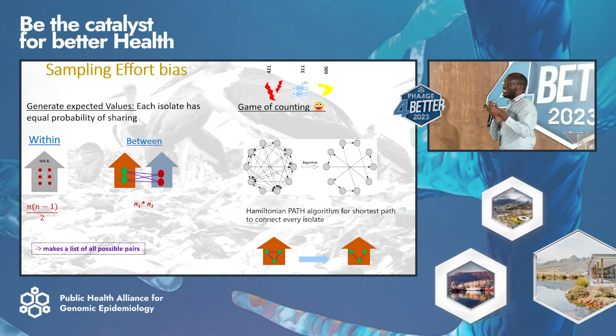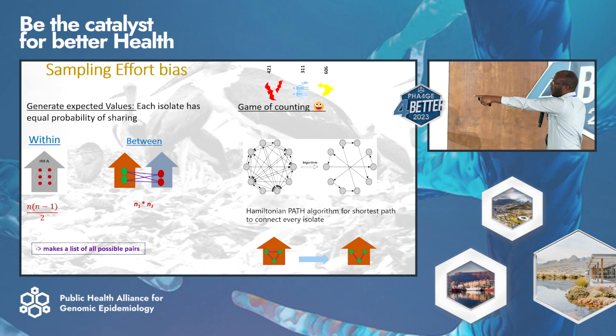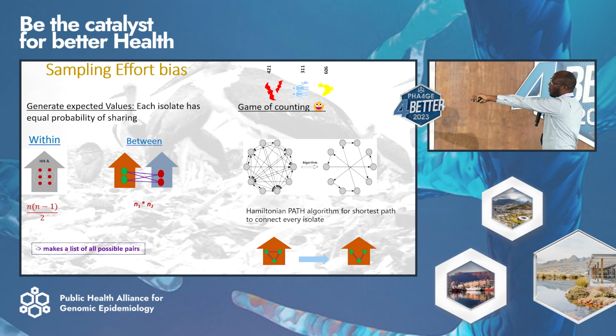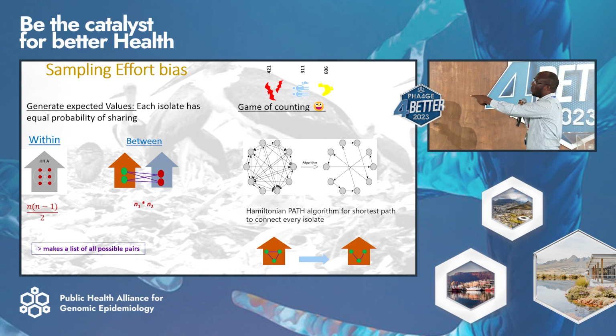That is, each isolate in our database had an equal chance to be shared with another isolate. And then we generated our denominator based on the sharing events. You can see in the first cartoon there, that's how we calculated our sharing events within the household. That is, if you have two isolates, that would be 2 times 1, let's say 4.